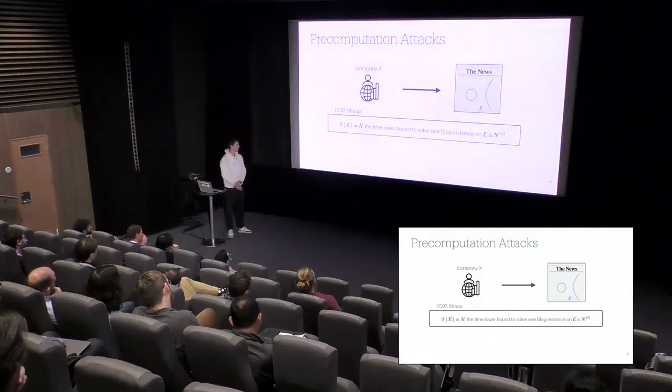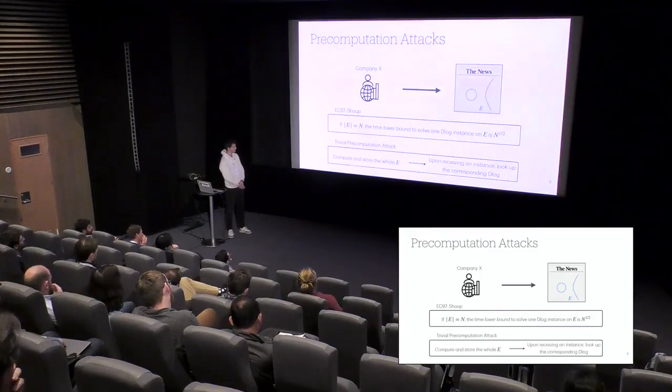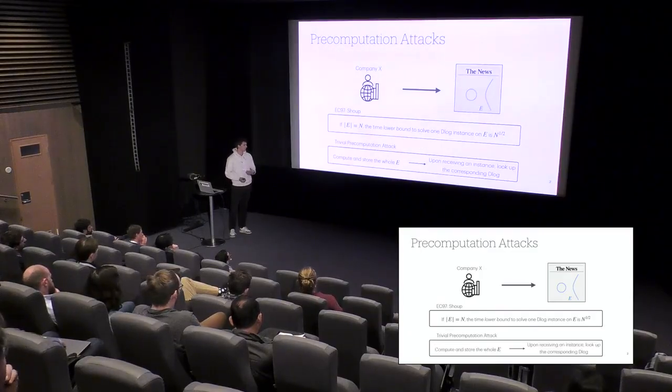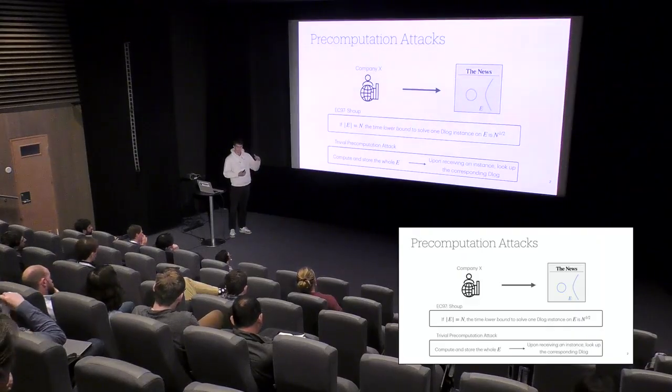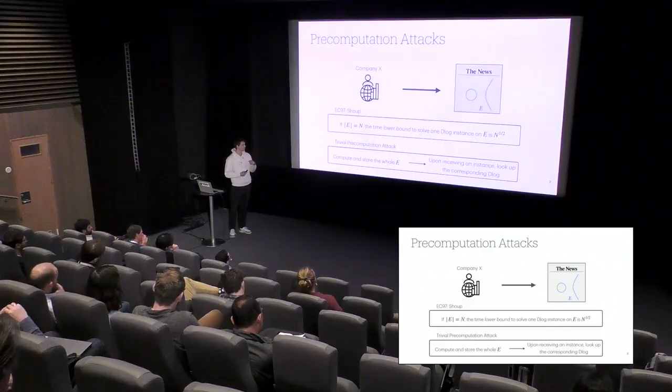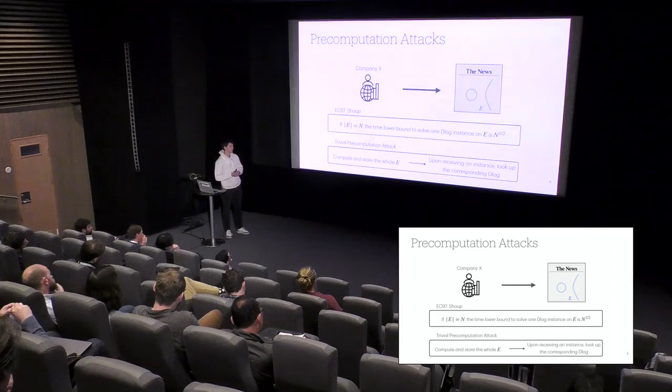I'm going to give you a naive example of a precomputation attack. Company X, even before publishing the curve, could compute and store the whole curve in a lookup table, then publish the curve, and upon receiving an instance of the D-log, just look up the corresponding D-log in the lookup table.